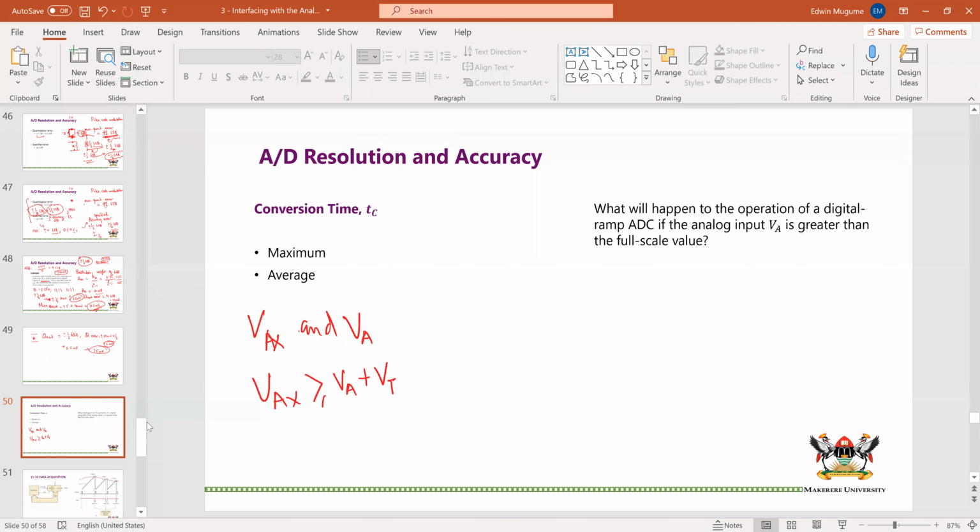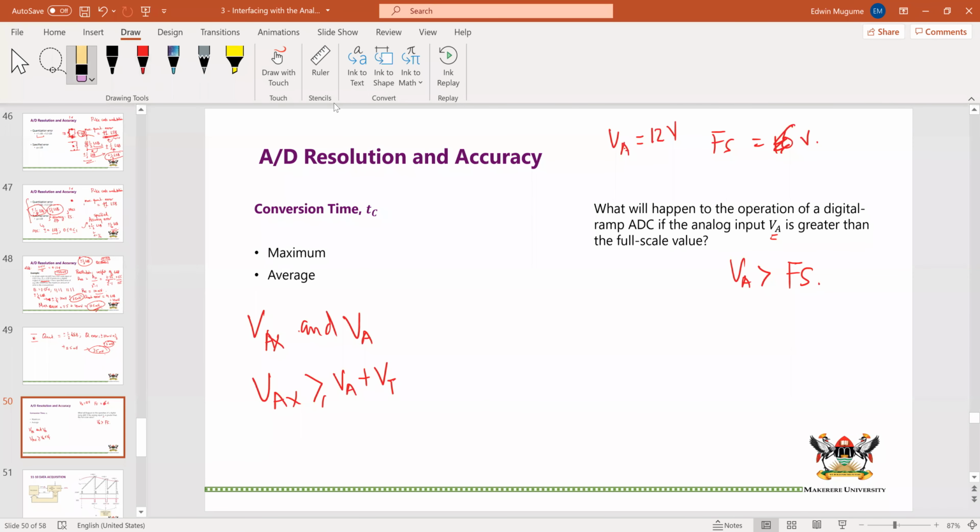What will happen to the operation of a digital ramp ADC if the input VA is greater than the full scale? In other words, your full scale is, say, 10 volts, but VA is, say, 12 volts. No, in fact, let me say 15 volts, just so that we can use actual numbers.